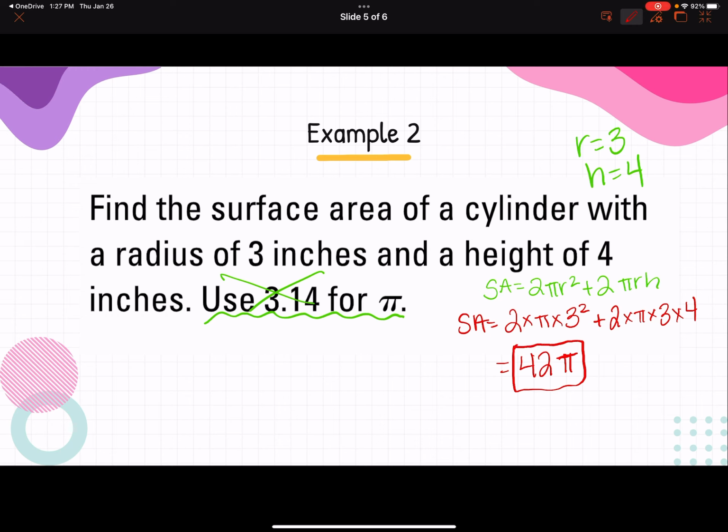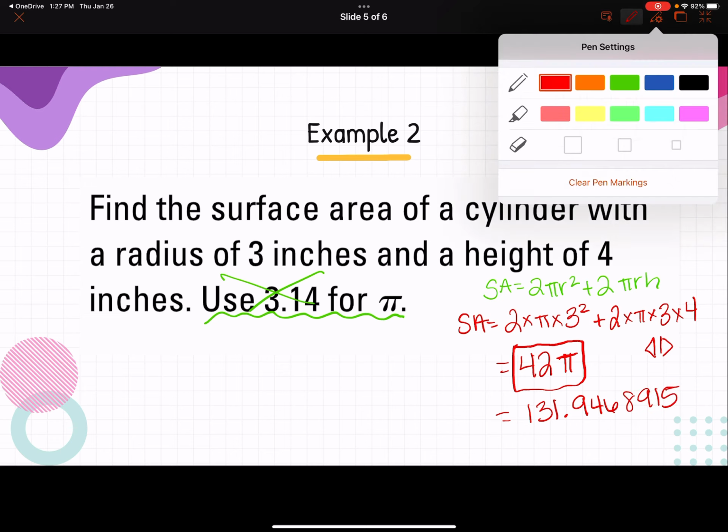If your answer choices are left in terms of pi, then this would be what you would click. But if it says to round your answer in decimal form, which is what Delta Math is going to have you do today, then you're going to click that double arrows button, change it to a decimal, and that decimal is 131.9468915.